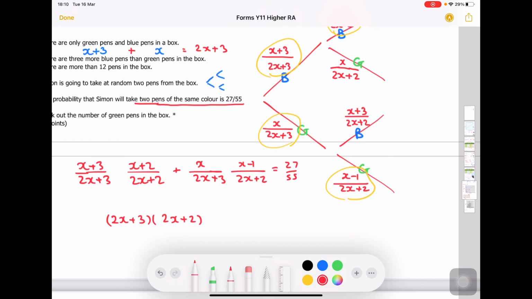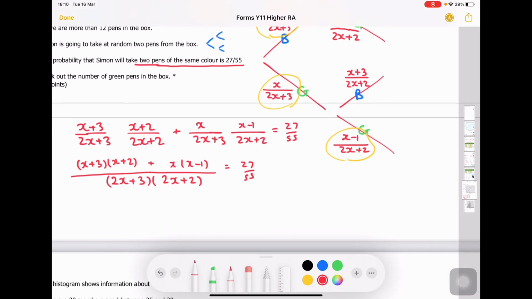So on the top we have x plus 3, x plus 2, plus x, x take away 1, equals 27 over 55. Let's see if anything cancels. Not yet. Okay, we'll probably have to just keep going and eventually solve the quadratic equation.